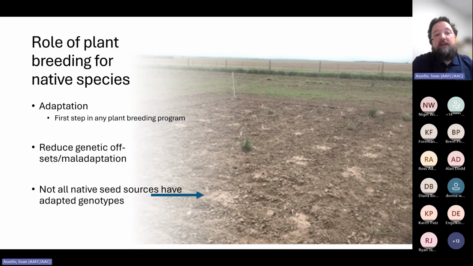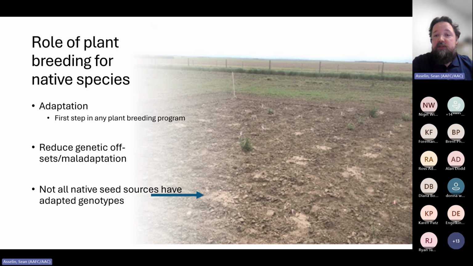Now, what we actually do is we look at various elements of native species in terms of adaptation. This is the first step in any breeding program, to determine if the material you're working with is actually adapted to the growing season. And this is a really important characteristic in native forages. Not all populations of a given species are adapted to all growing regions.